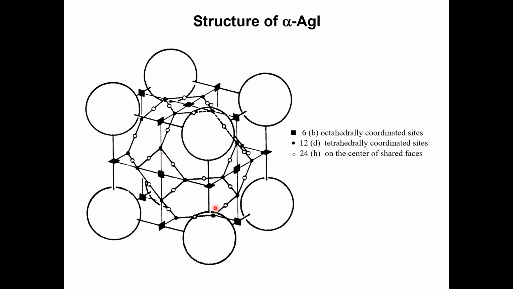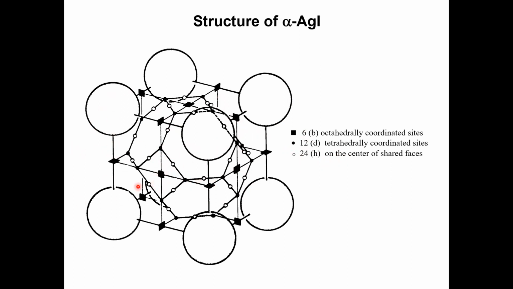There are 6 faces, and each face is shared by 2 unit cells, so there will be 12 of these sites. And then in between the tetrahedrally coordinated sites, the open circles, there are 24 H sites. So these are different types of sites available for silver to fill in.